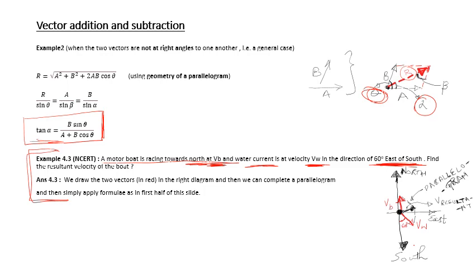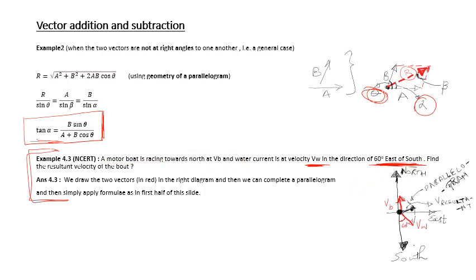So it's always good to draw a clear, neat diagram, maybe a bigger one, so that you can put all your parameters here. One is the motorboat racing towards north at VB. North is here in the diagram, and VB is therefore in the same direction as the north. So this we have plotted correctly.